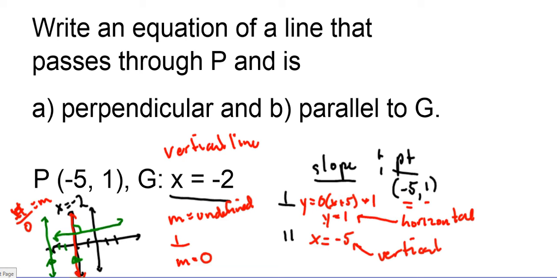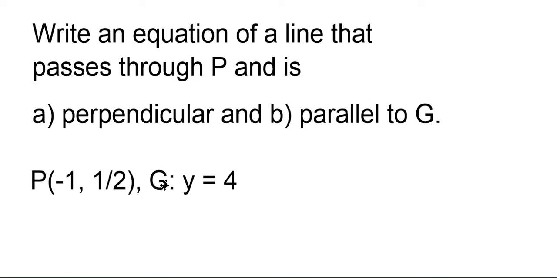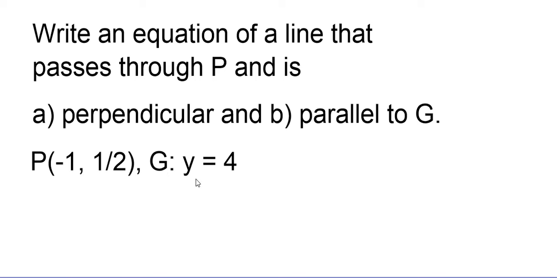Let's do one more of that kind of caliber, because I know it can get confusing. Here we have a horizontal line, y equals 4. This is what's known as a horizontal line. If we want to find one that passes through this point, we need to find a slope and our point.